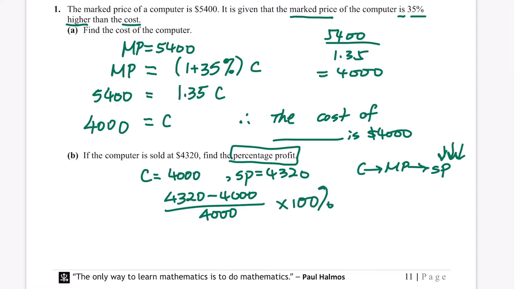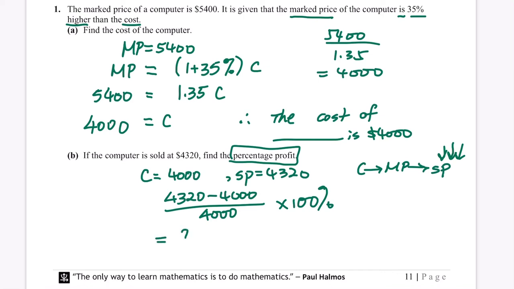Now would you please do this question, and then we will see if you get a positive or the negative. If your answer is positive, then it means it's a profit. But if your answer is negative, then it is loss, of course.